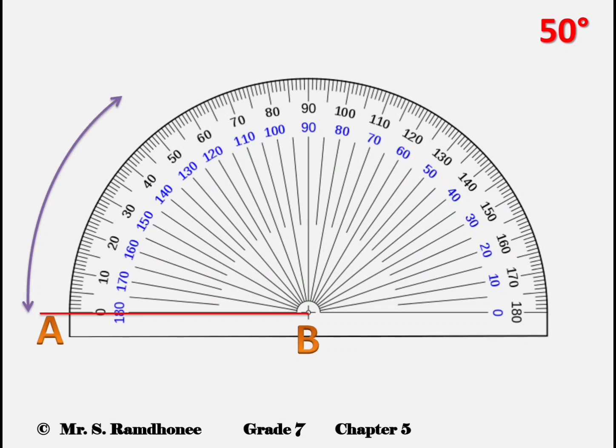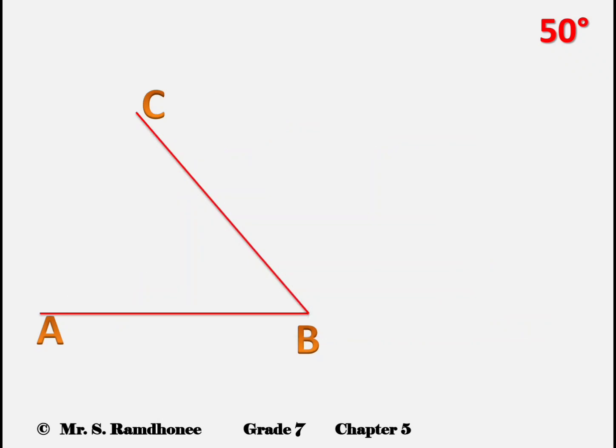So when we locate the 50 degree mark, we're going to put a dot there. From B, we're going to draw a line which moves through the dot, and we're going to label this line C. So this would be line BC, and this angle would be 50 degrees.